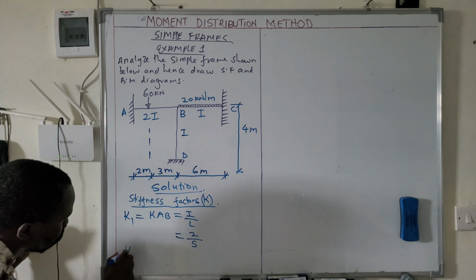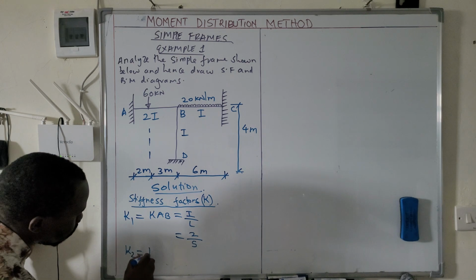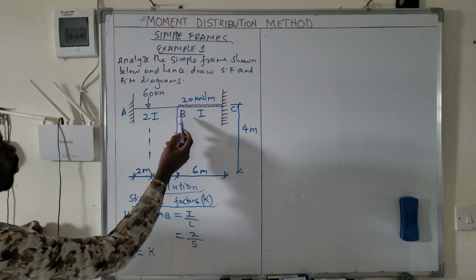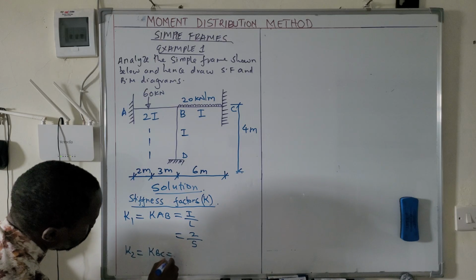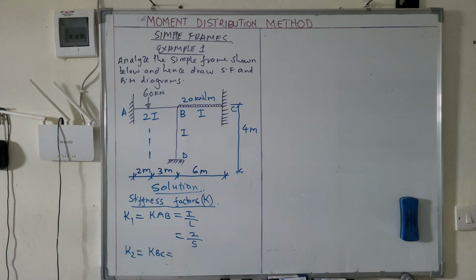K2. K2 is equal to KBC. So KBC, as you can see again, it is a fixed beam.